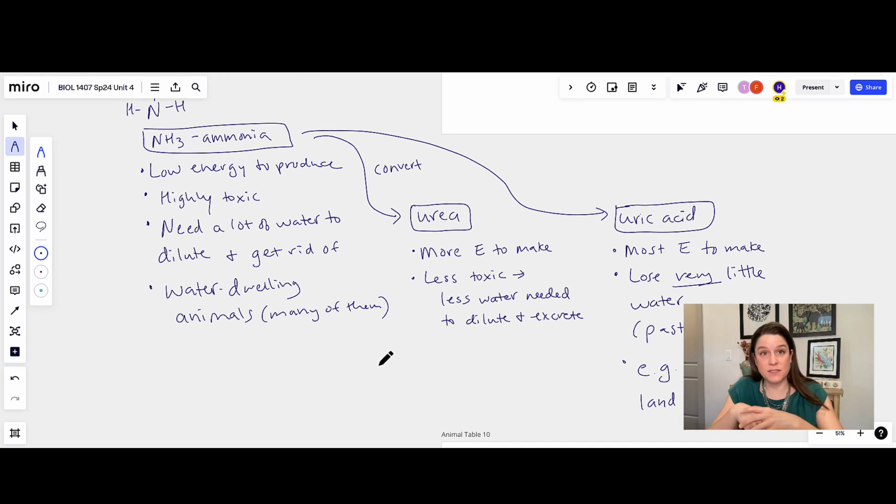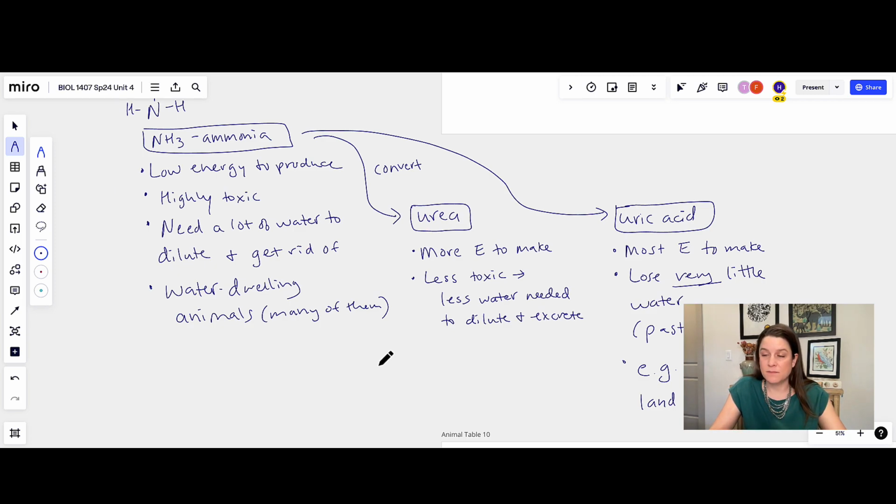So there's an essay about insects moving to land and their adaptations, of arthropods, particularly insects, to living on land. So using uric acid as the waste product for nitrogenous waste would be a great example of one way that insects have been able to move to land, because their nitrogenous waste product does not lose a lot of water.